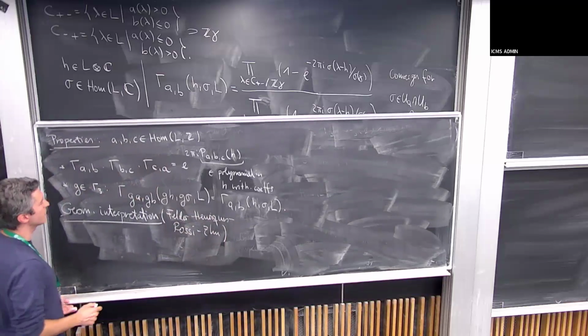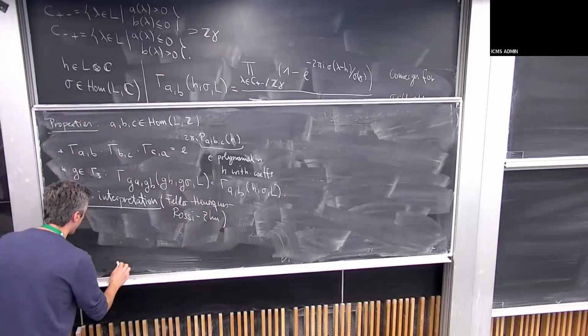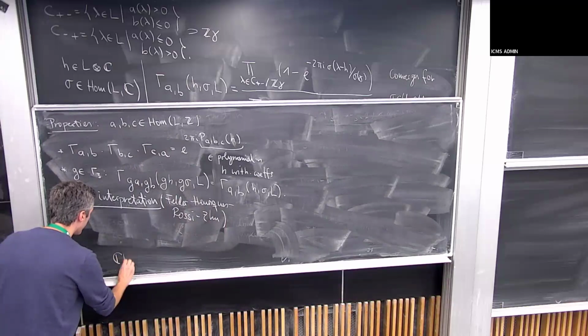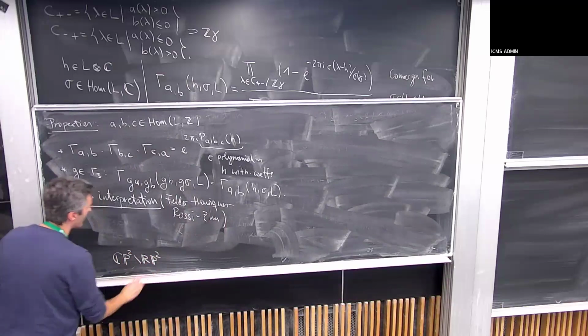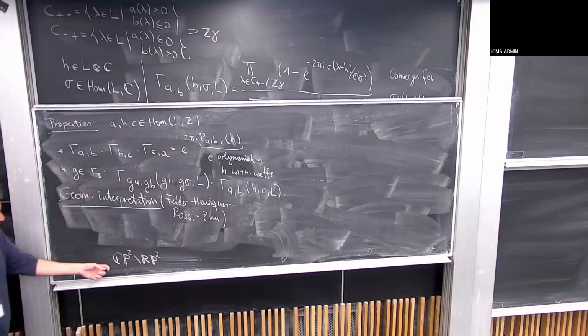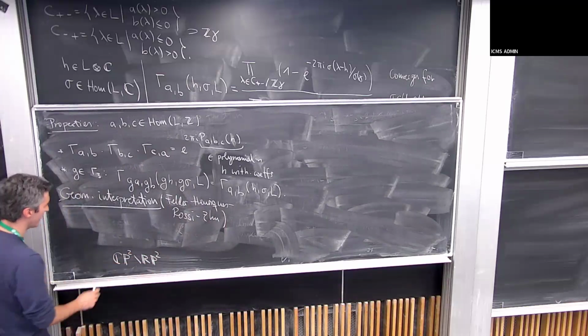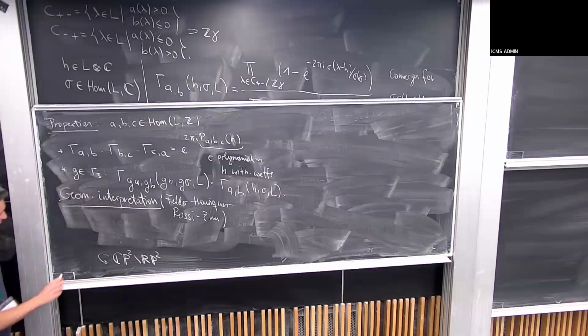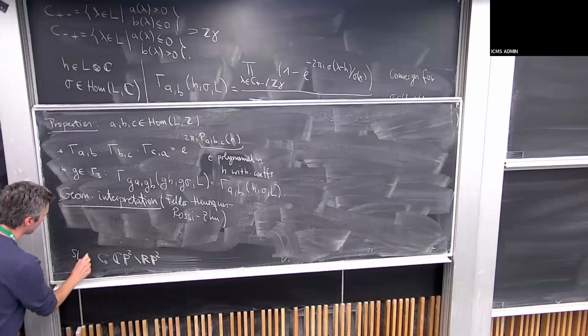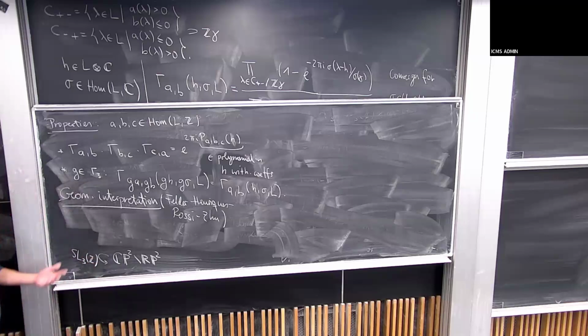One has this space CP2 minus RP2, which is somehow a higher dimensional analog of the upper half plane. On this one has an action of SL3, just because CP2 is the space of lines in a three-dimensional vector space, and so SL3 acts linearly.